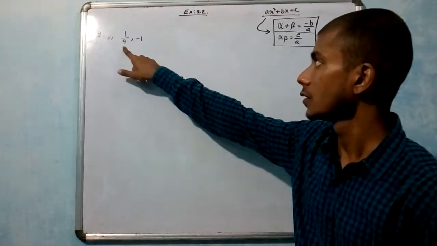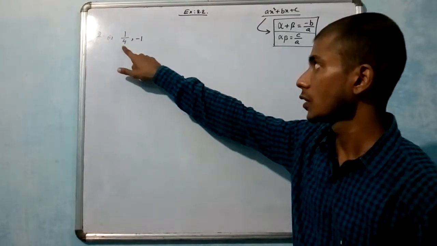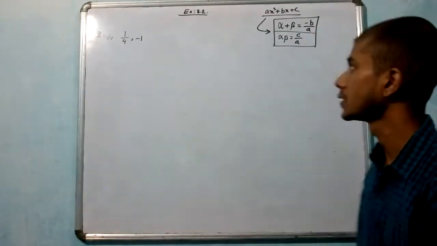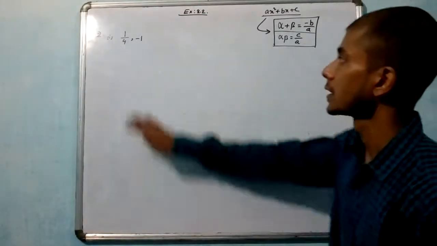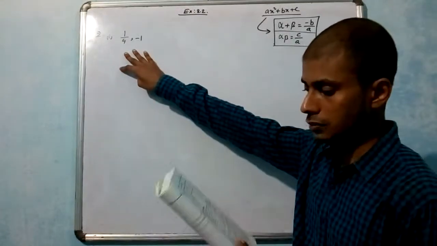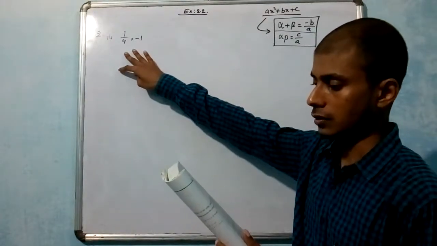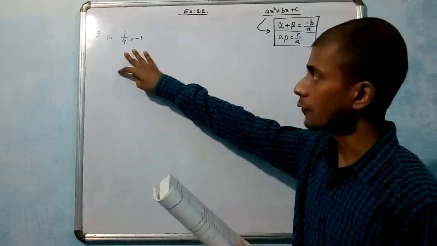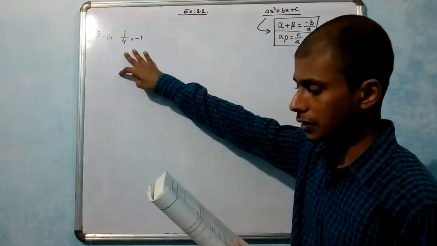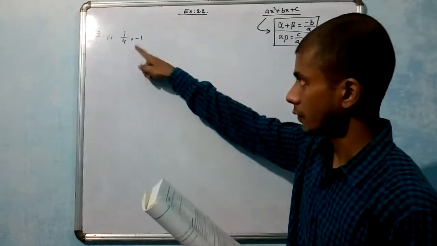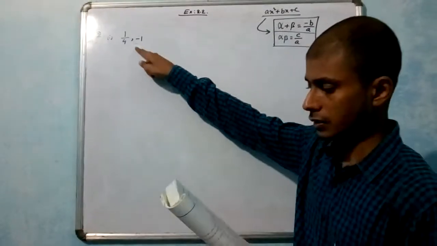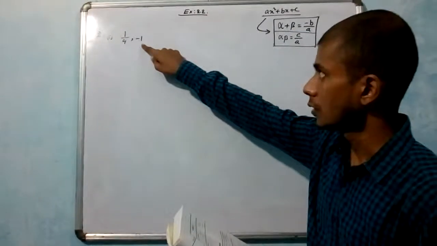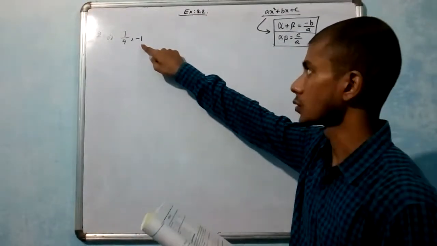Is it okay? What is given here? 1 by 4 and minus 1. What these two values are? What do you understand from this? Read the question. Find a quadratic polynomial. We have to find a quadratic polynomial with the given numbers as the sum and the product of the zeros.